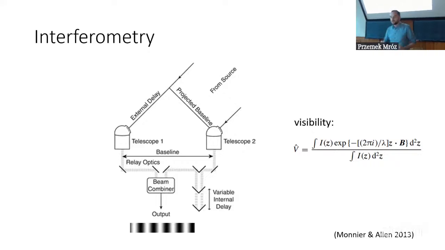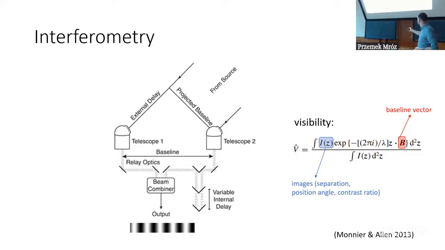From the mathematical point of view, it's a complex quantity that depends on the shape of the image that we are going to observe, and the positions of the telescopes relative to the object we are looking at. But anyway, we know where our telescopes are, so we can easily calculate that.